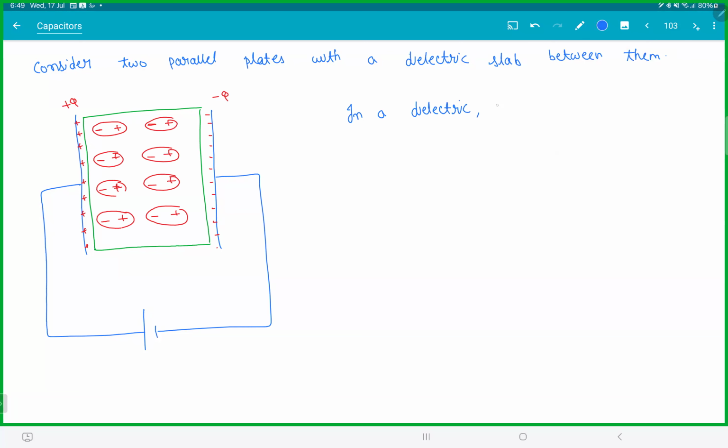So in a dielectric, the concentration of free electrons is very less. So unlike a conductor, which cancels the external field, you can't do this here. They will try to reduce, but they can't cancel.